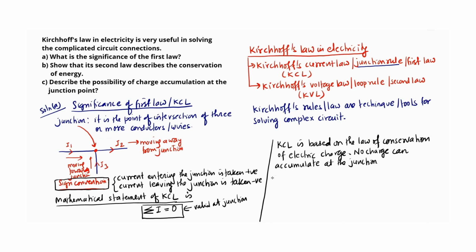So we can write in this way also. Charge per unit time entering the junction equals charge per unit time leaving the junction. And we know charge per unit time is current, okay.